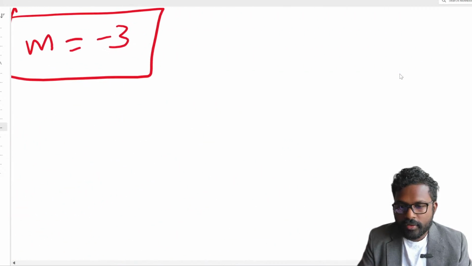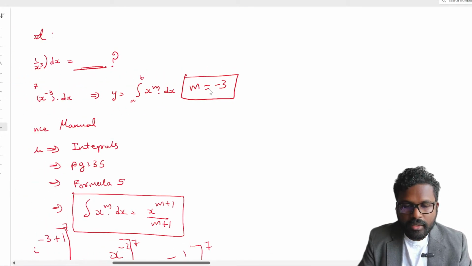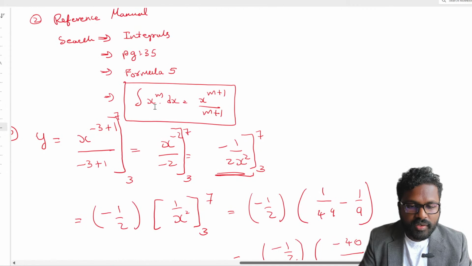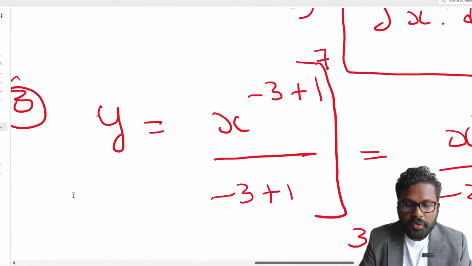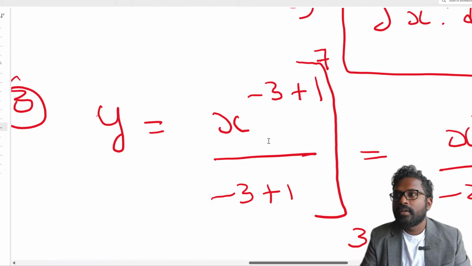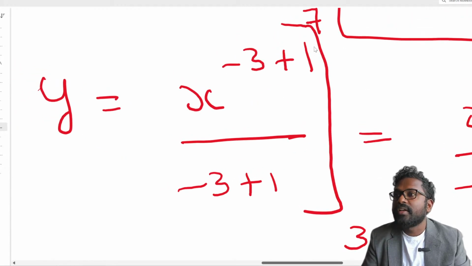See here, I already wrote this. m is equal to minus 3. Once you substitute this m is equal to minus 3 in the equation here, this is how it looks like. y is equal to x power minus 3 plus 1 divided by minus 3 plus 1. Of course, don't ever forget your limits, lower limit 3 and upper limit 7.